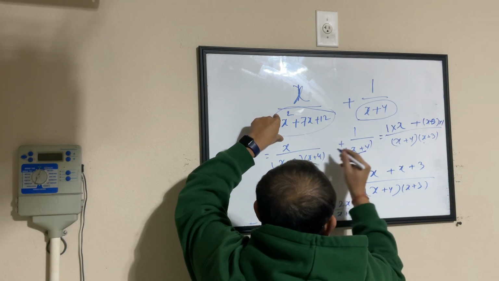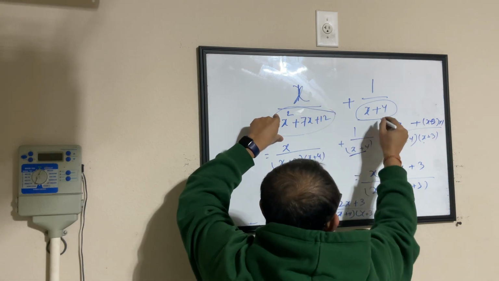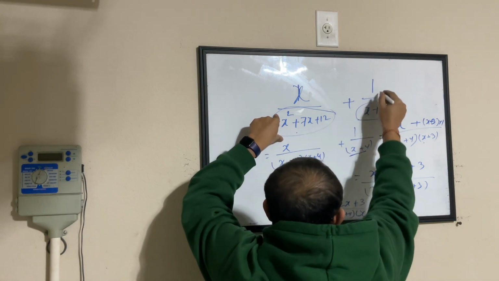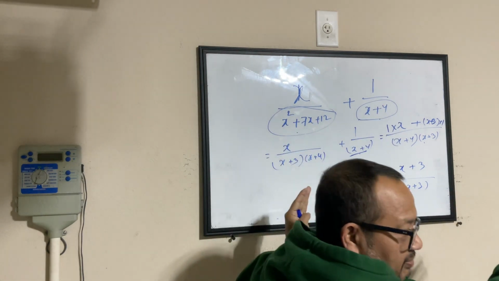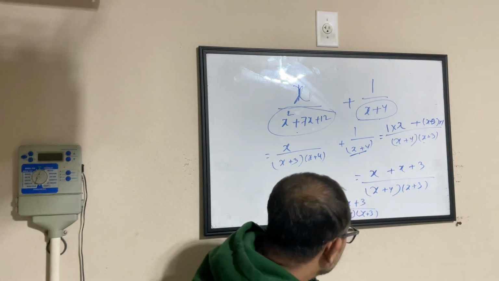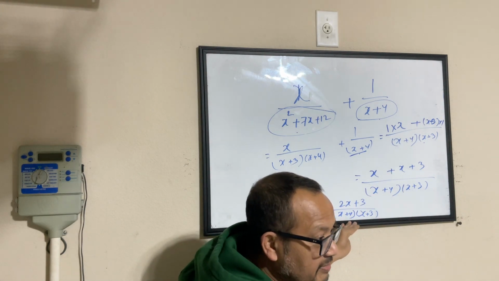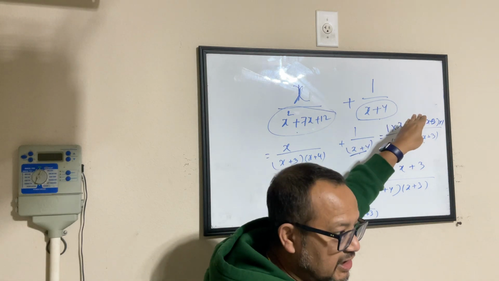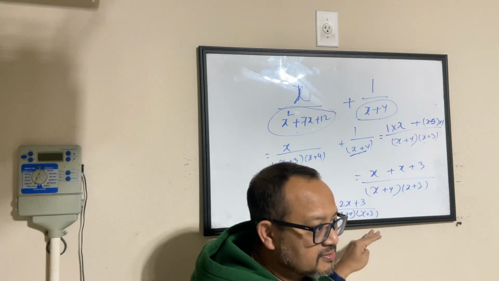And then the first term would have been x multiplied by x plus 4, and the second term would have been this multiplied by 1. And that would have been a very complex calculation. It would have still simplified to this form, but you would have done some extra steps. You would have spent more energy and time getting to this solution.